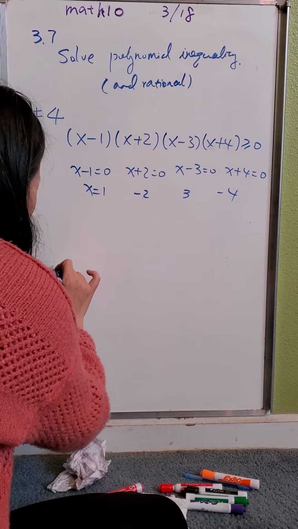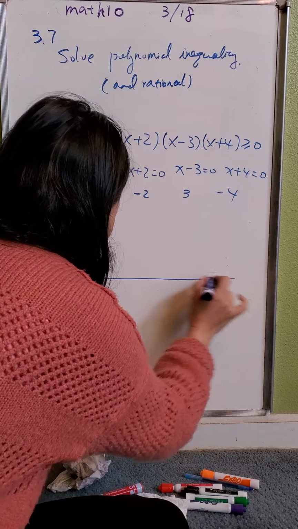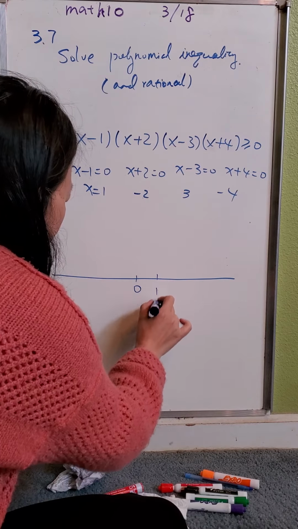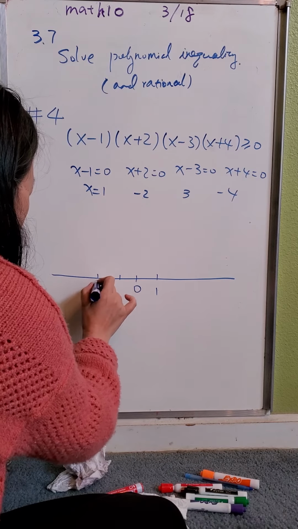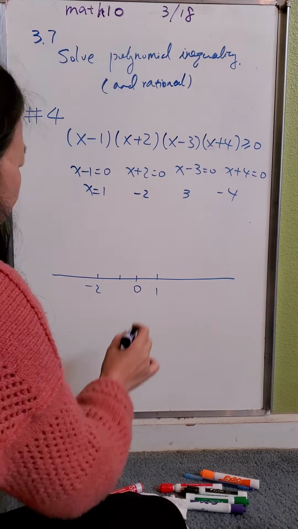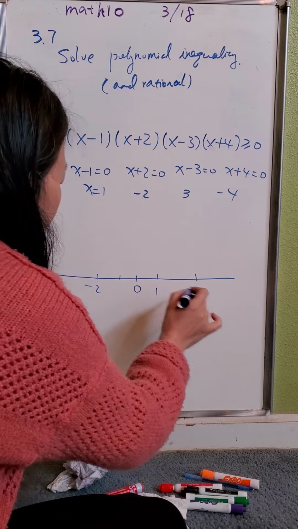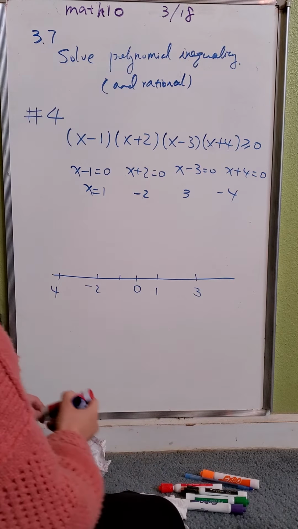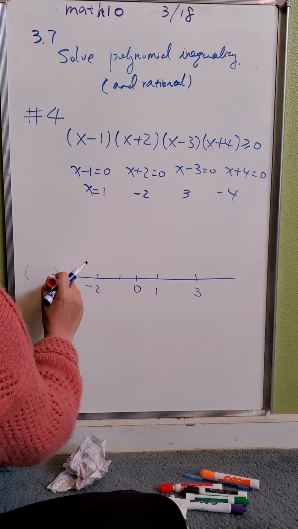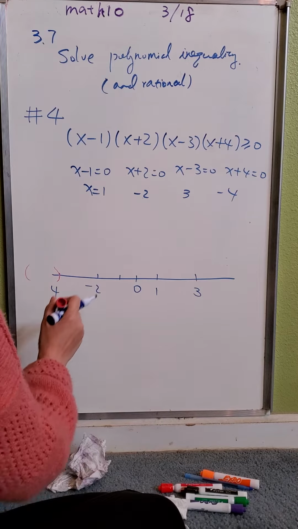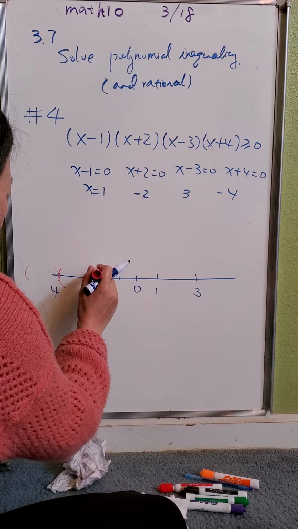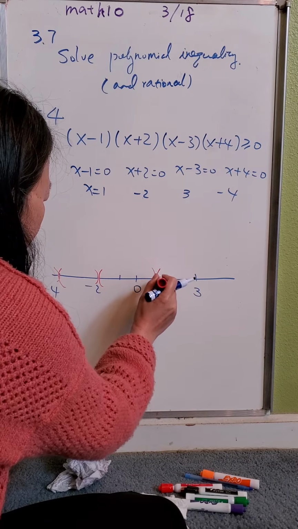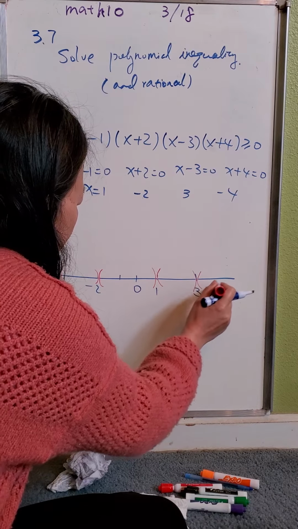And then now you're going to draw a line, okay? You put a 0 in the middle first, okay? 1 will be here, negative 2, you don't have to scale it if you don't want to, 3, and then negative 4. You know your answer will be somewhere like this, either here, or here, or here, or here, and or here.